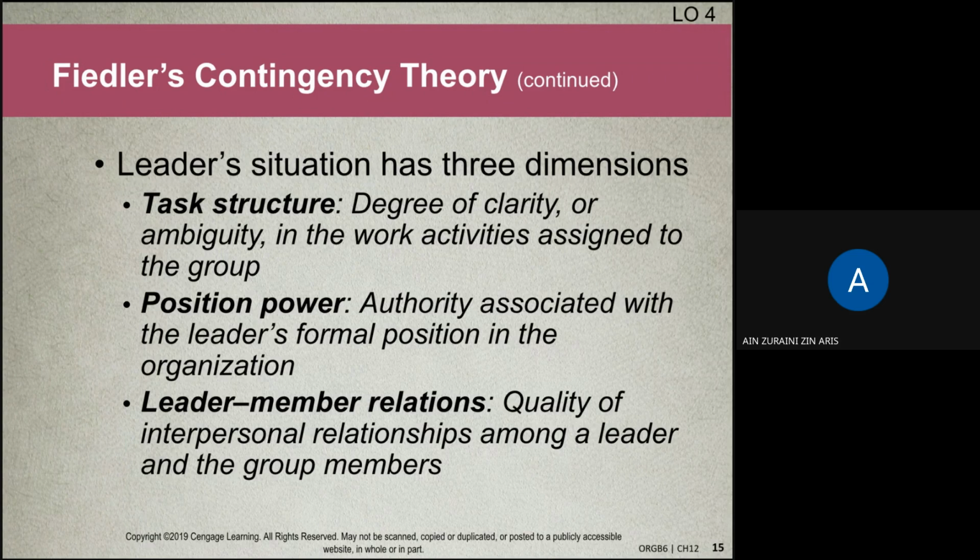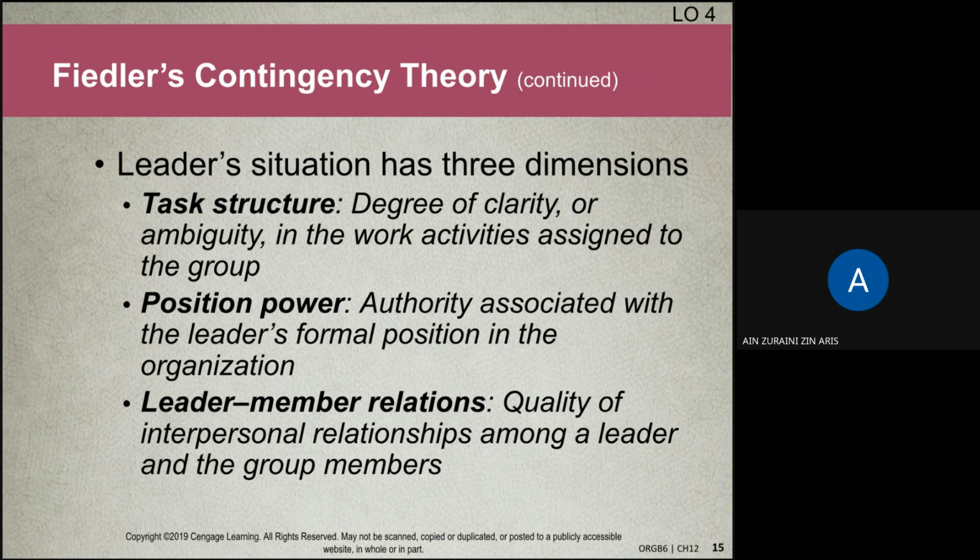But if the relations are poor, then there may be resistance or even sabotage. Okay, communication may break down or the conflict may affect the team performance. So this can create an unfavorable situation, no matter how good the leader's style is. Right. So a leader who is respected and well liked by their team is an example of good leader-member relations.